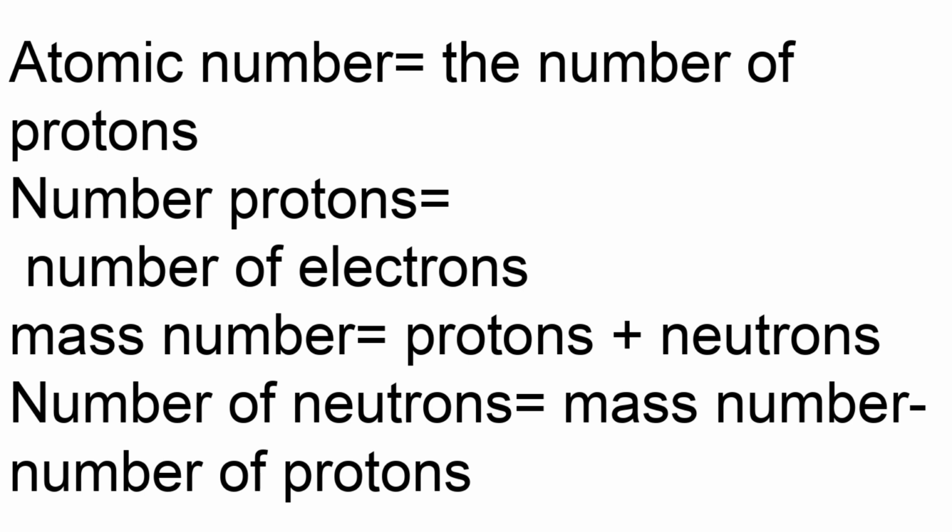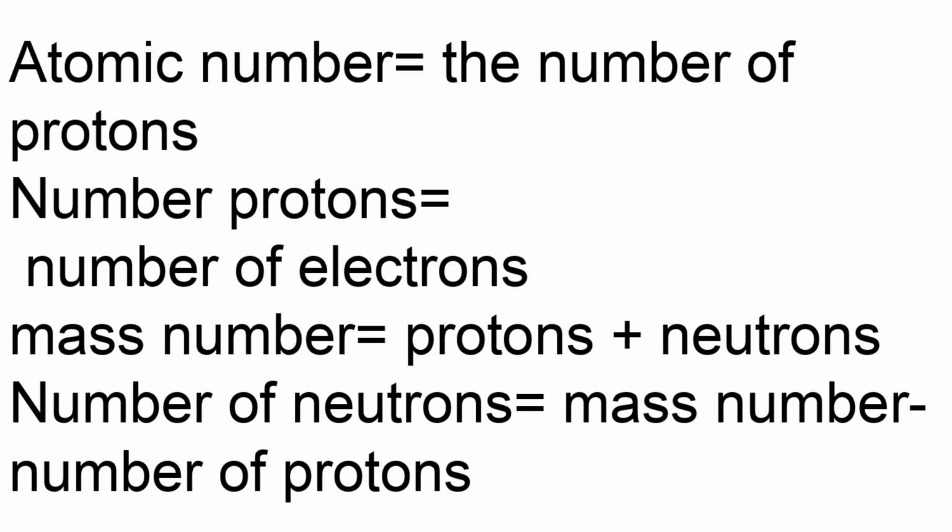For example, magnesium has 12 protons and 12 neutrons. Its mass number is 12 plus 12, which is 24. Potassium has 20 protons and 19 neutrons.